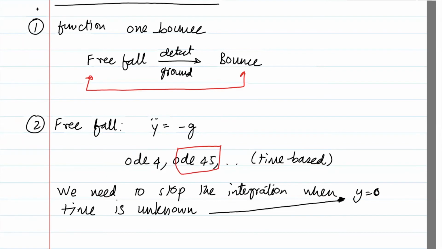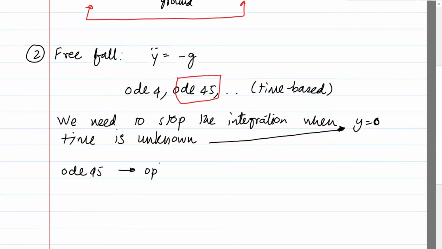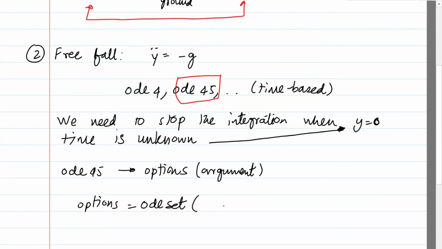How will we do it? Inside ODE45 there is something called options. It's one of the arguments. This is where you set the ODE set. So you need to set some options. One of the options we usually set is abstol, which is the absolute tolerance.